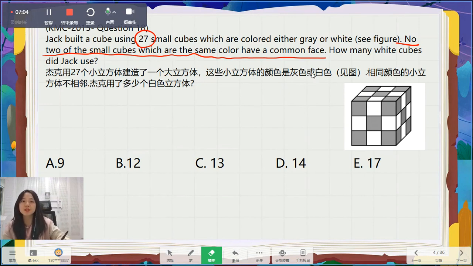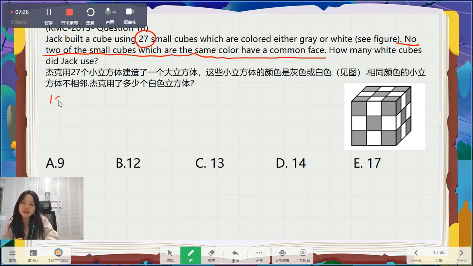Okay, so the question is, how many white cubes did Jack use? You can see we can't see every cube in the picture, but we can see all the cubes in the first layer. So why not count white cubes layer by layer?